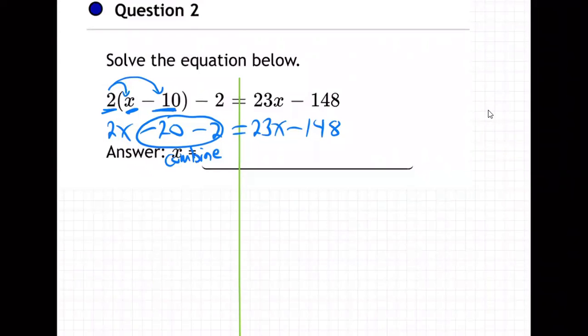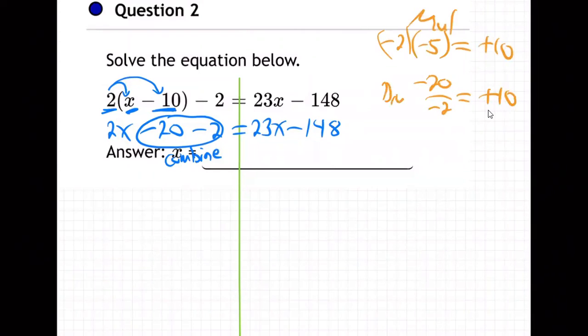If I was multiplying -2 times -5, that'd be positive 10. Or if I was dividing -20 over -2, that'd be positive 10. Two negatives make a positive when you're multiplying or dividing. But here, these two negatives are just adding, subtracting. So in that case, just think about money.